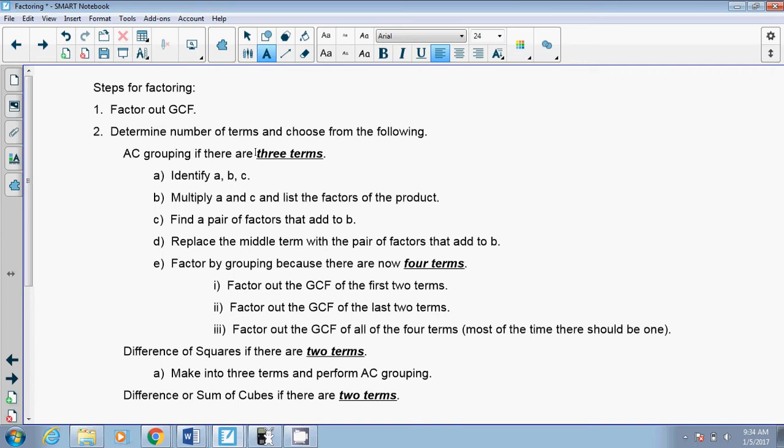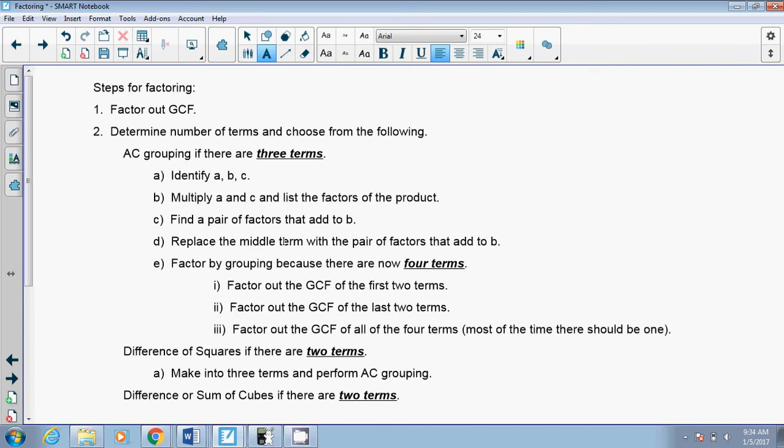So the steps to factoring a trinomial using AC grouping is you first want to identify your numbers a, b, and c. Once you identify your numbers a, b, and c, you multiply a and c and list the factors of that product. Remember, factors are 2 numbers that multiply to the given number. Then looking through all of those factors, you want to find the pair that add to b.